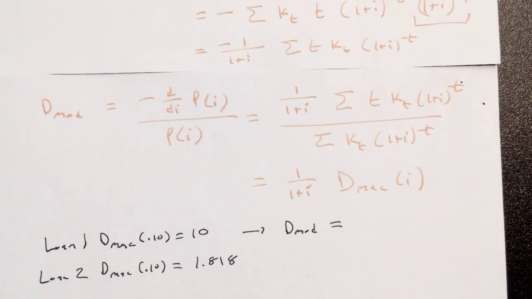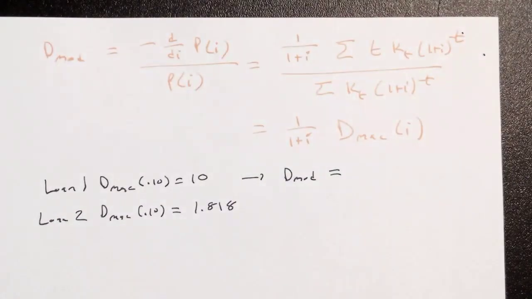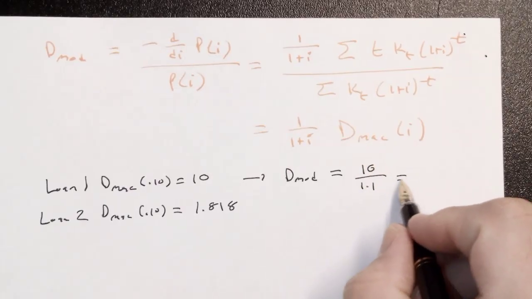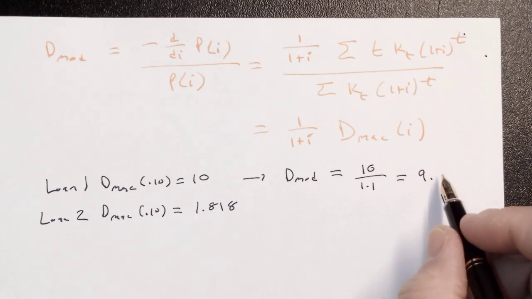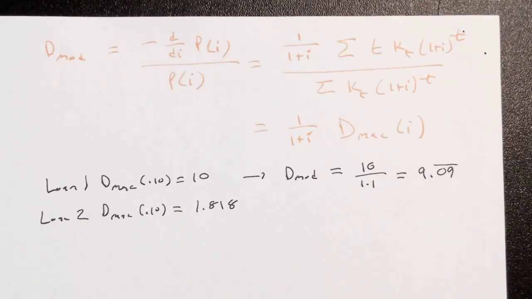The modified duration for that first loan is 10 divided by 1.1, which is 9.09 repeating, I think. It's 100 over 11. I think that's 9.09 repeating.